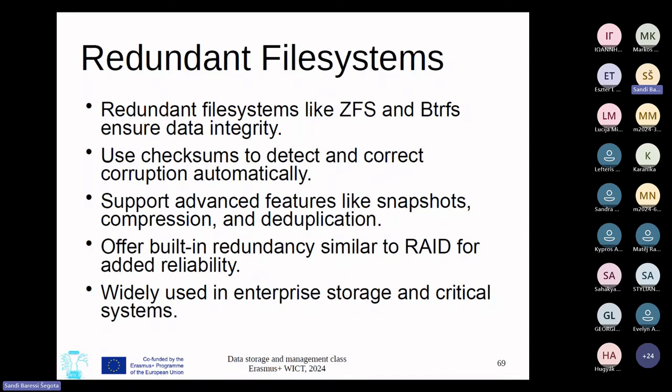These are file systems that will use checksums, like we mentioned last time, to detect and correct any corruption automatically, and will support advanced features like snapshots, compression, and deduplication, like we mentioned when we talked about file systems. A lot of people prefer using these as opposed to RAID, because the redundancy is software level, introduced directly into your file system. You don't have to worry about any issues that could be caused by RAID.